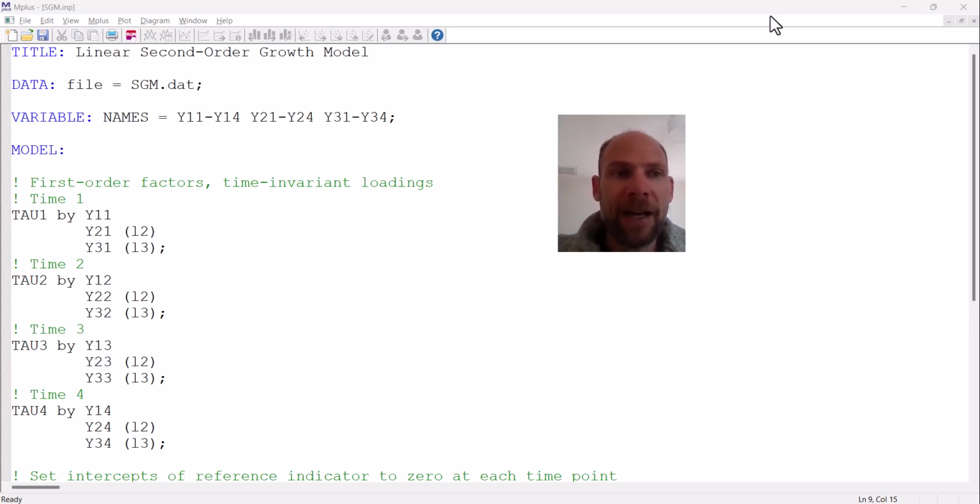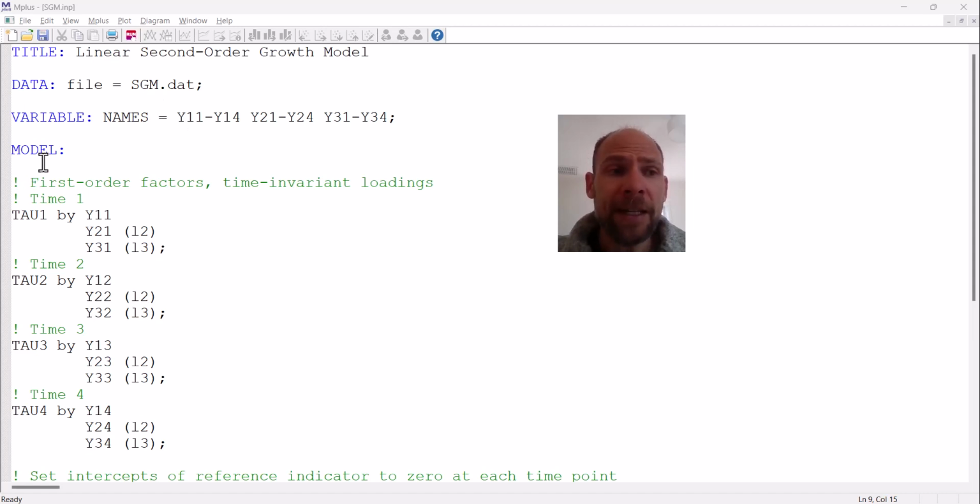So here in this file, I have a longitudinal data file where we have 4 measurement occasions and 3 indicators or 3 observed variables at each time point. And so we want to model growth across these 4 time points. We're assuming they're equally spaced here for simplicity, and also we're assuming that we want to just simply model linear growth. So this syntax here is for a linear second-order growth curve model.